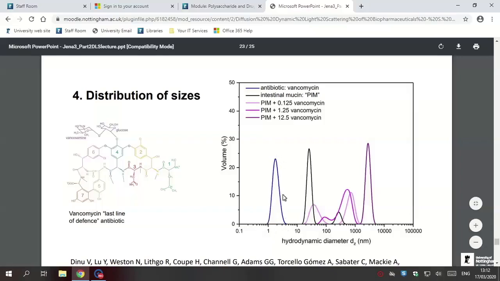This is the peak for vancomycin. So it's a very small molecule, very high diffusion coefficient, and low value for the hydrodynamic diameter. And don't forget, the hydrodynamic diameter is simply twice the Stokes radius or the hydrodynamic radius.